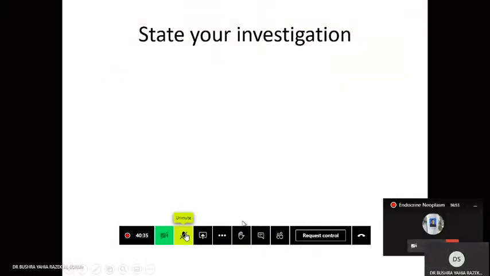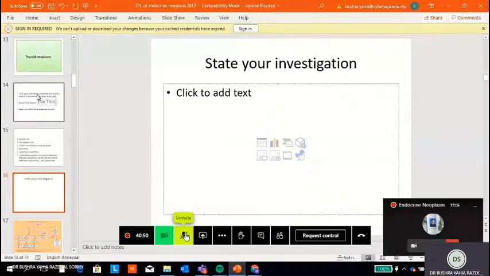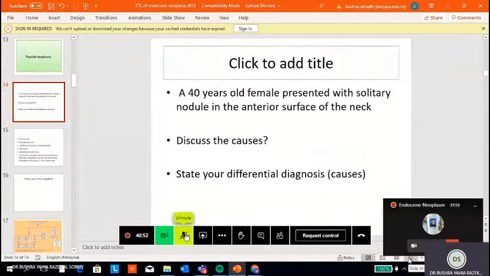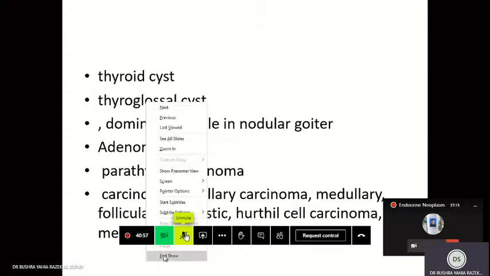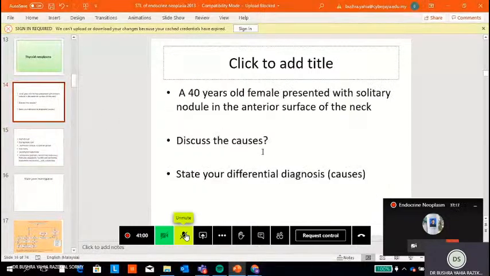Why do you think about mumps? Is it in front of the neck? See, I already gave you the answer. You have to think first for the benign condition. What is the benign condition? What do you think?